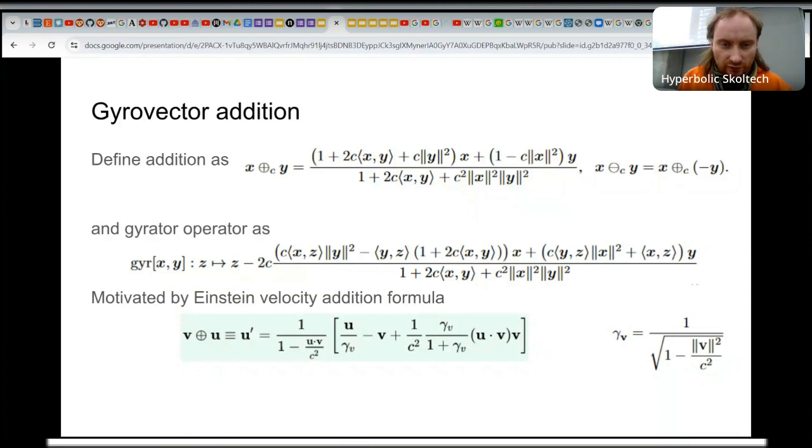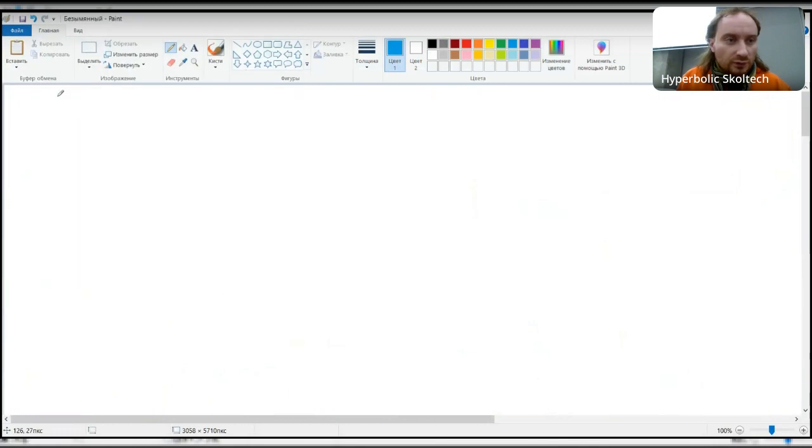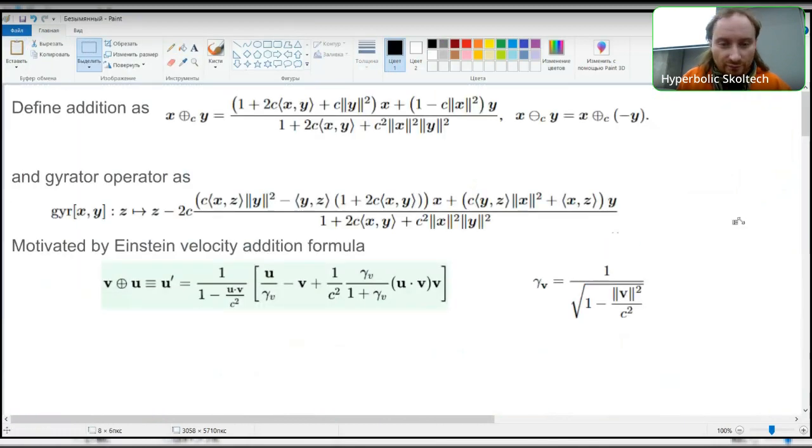Now let's switch the screen. Let's check everything.